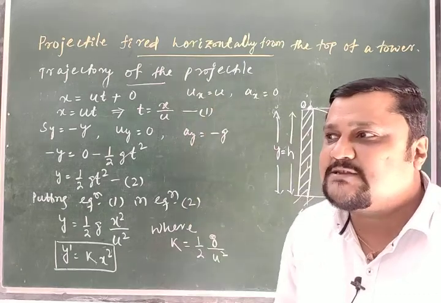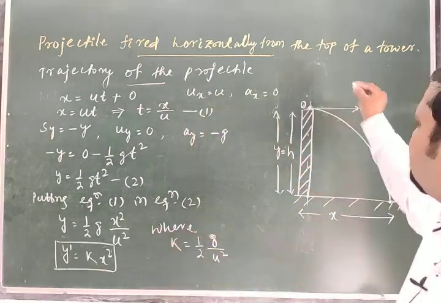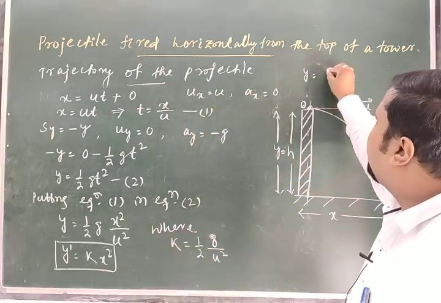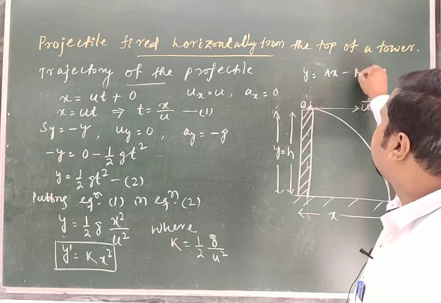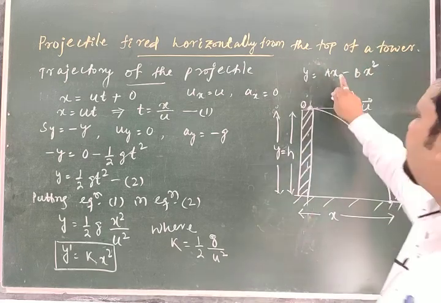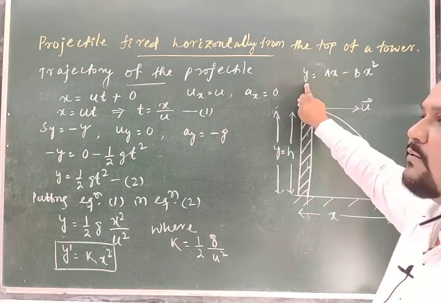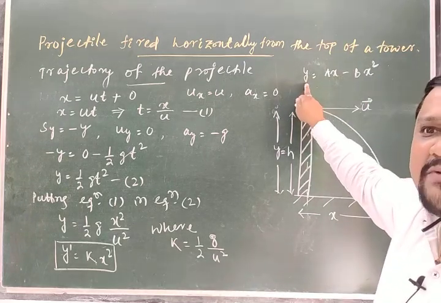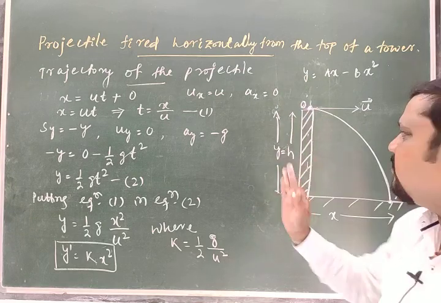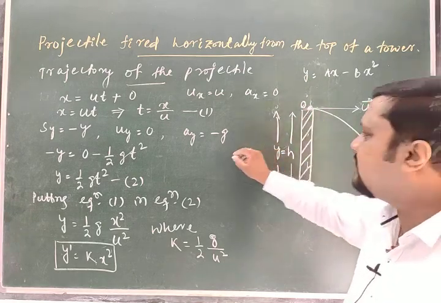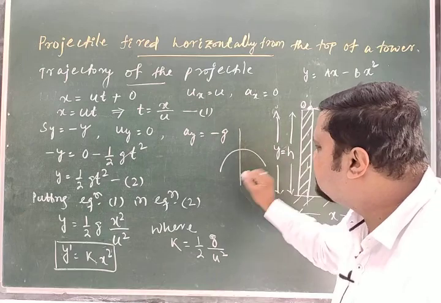In oblique projectile motion, the equation is y is equal to ax minus bx², degree 1 and 2 in x, and 1 in y. So that is a parabola symmetric about a vertical line.